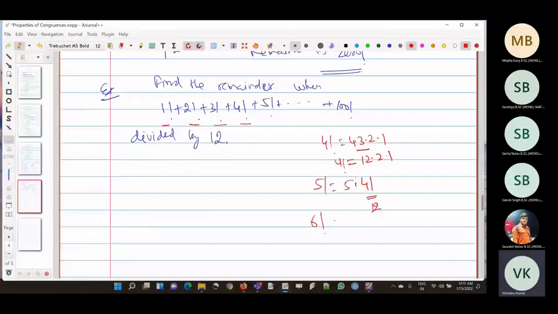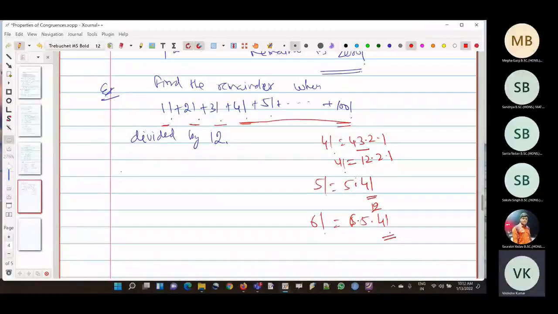In 6 factorial also we have 6 times 5 times 4 factorial, so here also we get 12. In 100 factorial also there is 12. So in each term from 4 factorial until 100 factorial, we can take 12 common, and when dividing by 12, we will get the remainder 0.